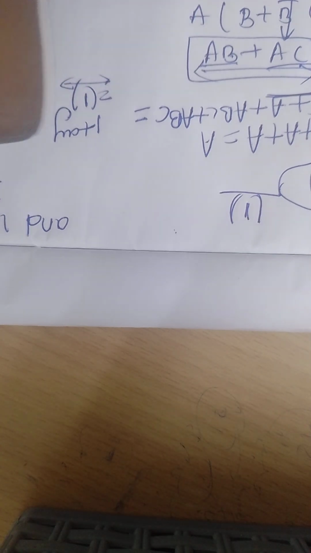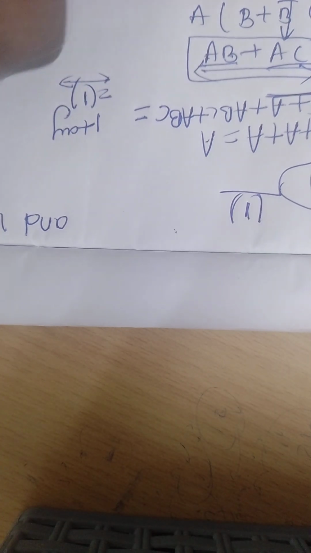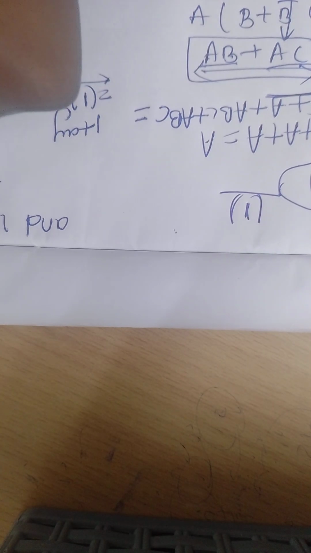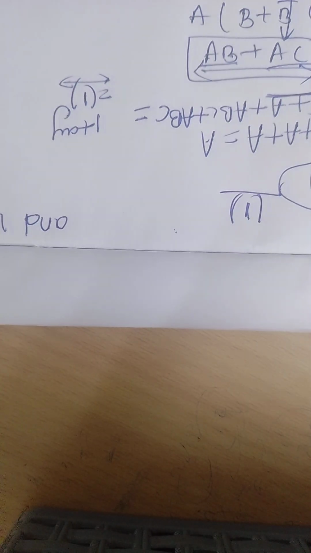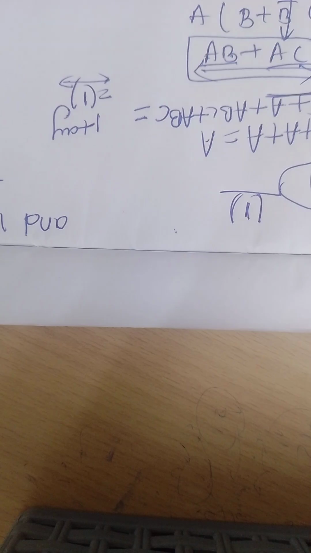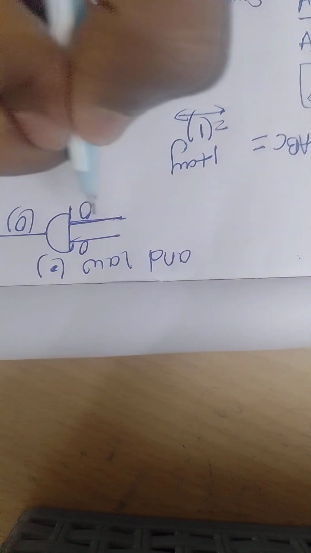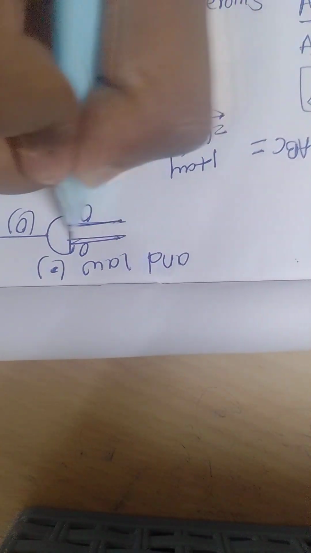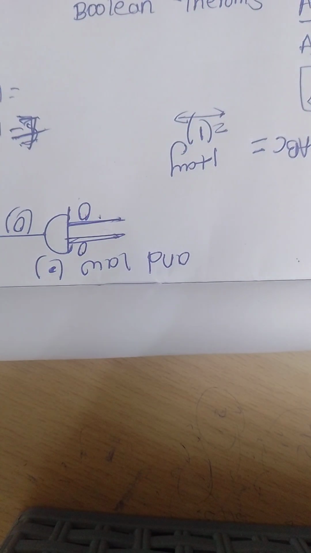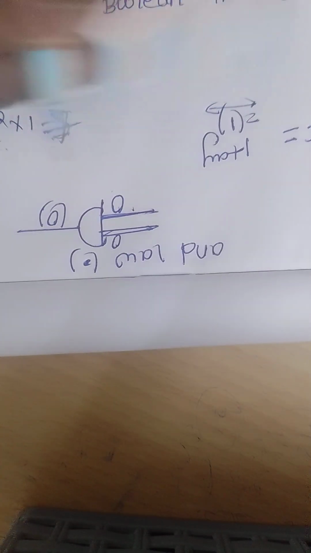Now I am going to discuss the AND law. AND law is nothing but multiplication. We have this AND gate. The property of this AND gate is that whenever we give 0 0, the output will be 0. If one of the inputs is 0, the output is going to be 0 only. That is nothing but the AND law.